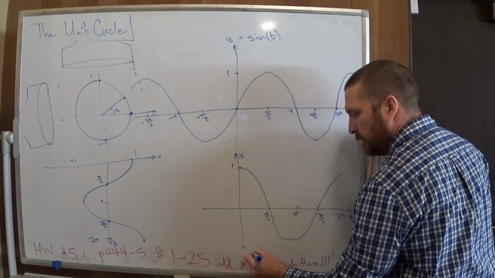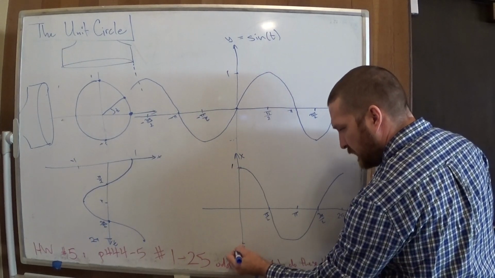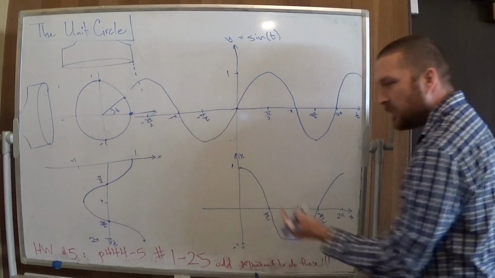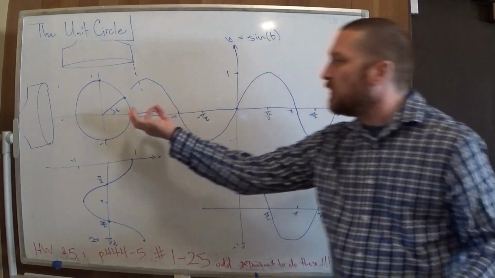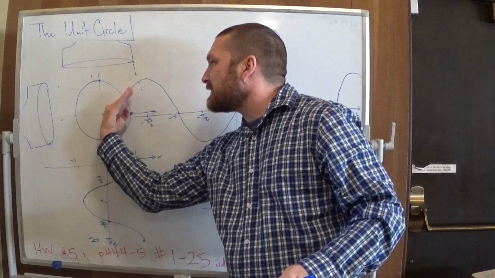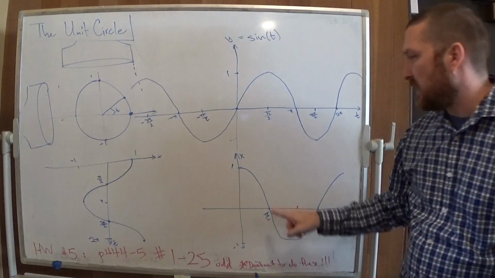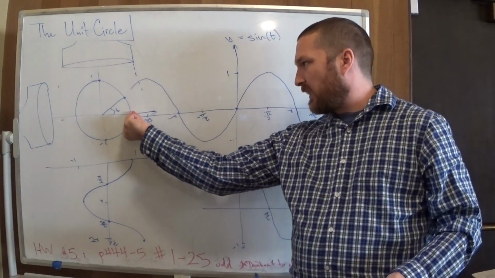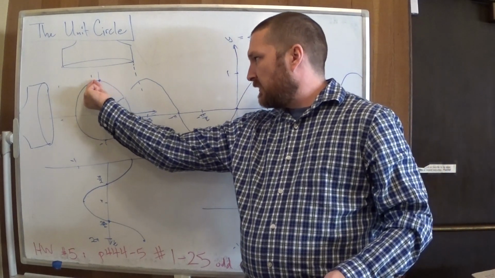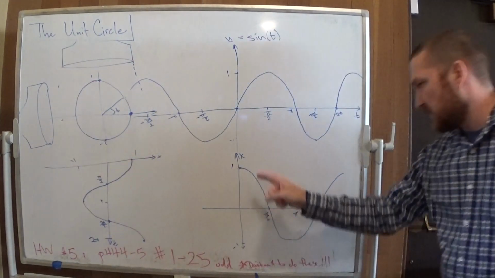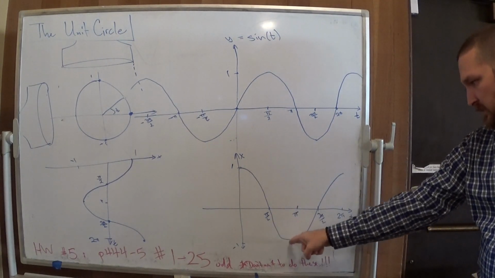The height is 1. The smallest height is -1. This is the value of the x coordinate as t goes along. It starts at 1 because the x value starts at 1, and it decreases until it gets down to -1.